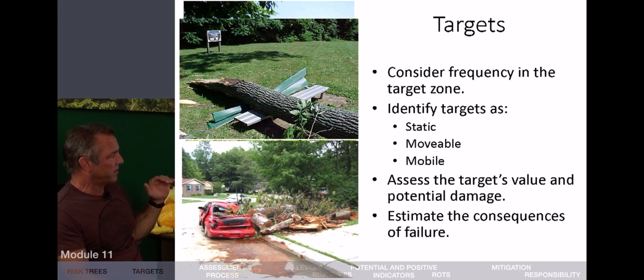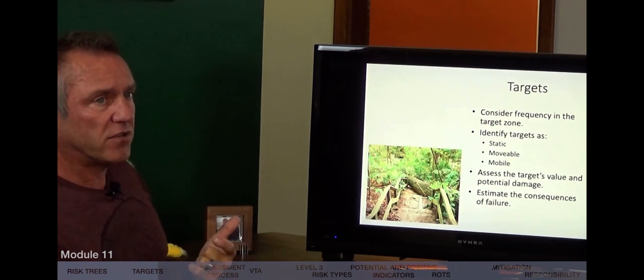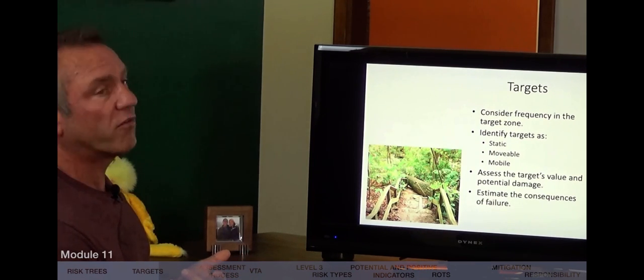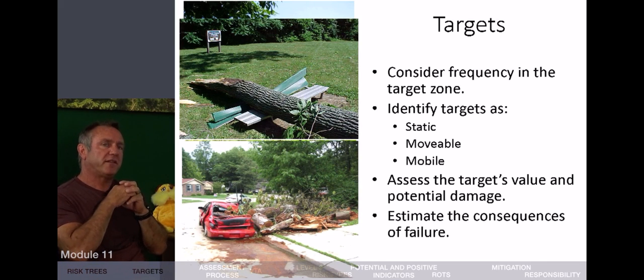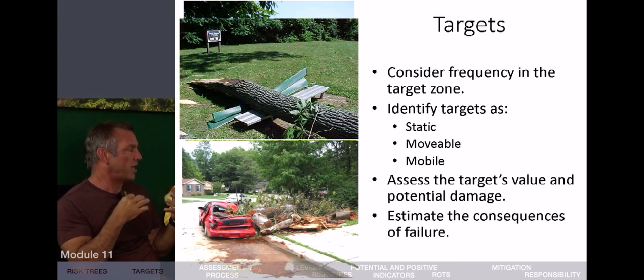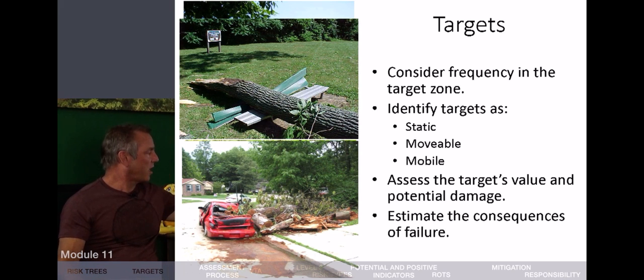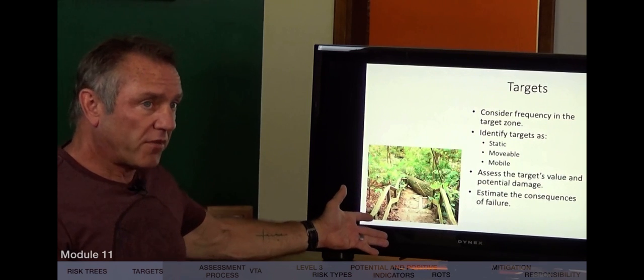When we're identifying targets, we'll assess their value as well, and that plays a part in the overall tree risk assessment process. We also want to estimate the potential consequences of that failure. For example, the target would not be the trail, but actually the people on the trail.